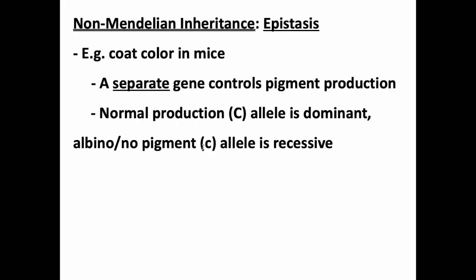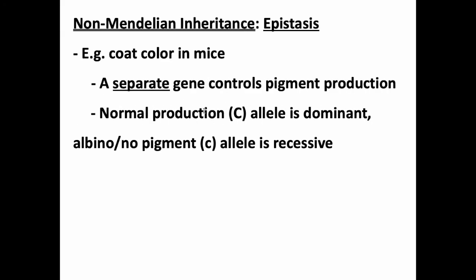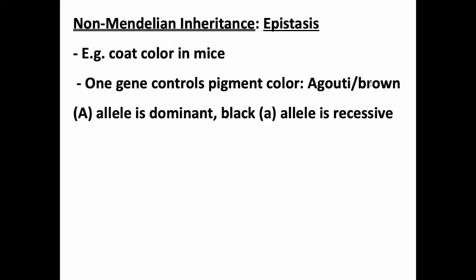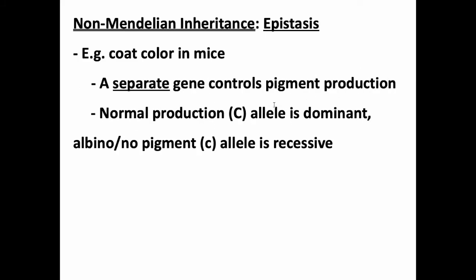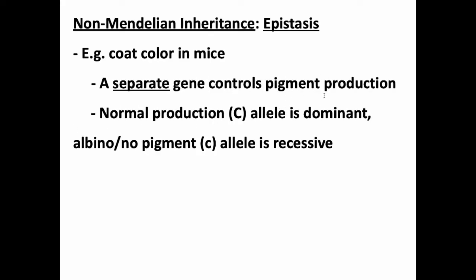The reason why this is not just polygenic is because among these two genes, one controlling the color of the pigment and one controlling whether the pigment is produced or not, this gene overrides this gene. The pigment production gene is sort of stronger than the pigment color gene. It doesn't matter what the pigment color gene is saying, this is going to sort of take precedence over it.